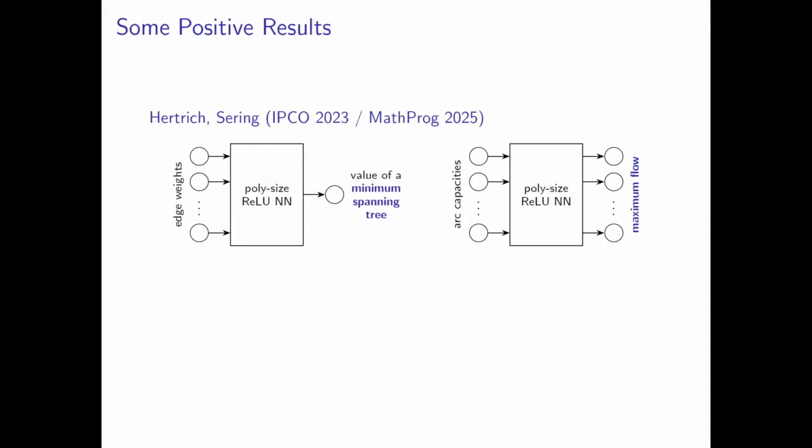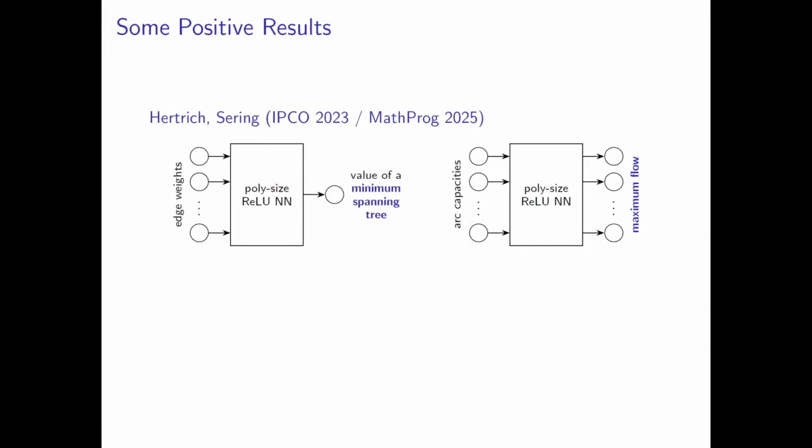But it has many, many pieces, because it has one piece for each tree. So it's not so trivial how to make a neural network out of this. But in the end, we were able to do this. We constructed a polynomial-sized neural network that does this.